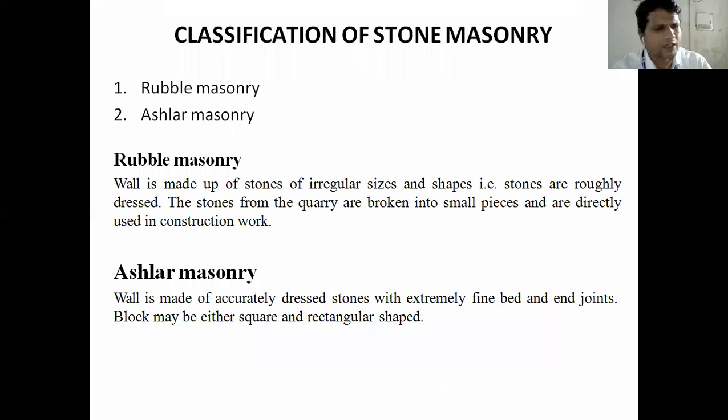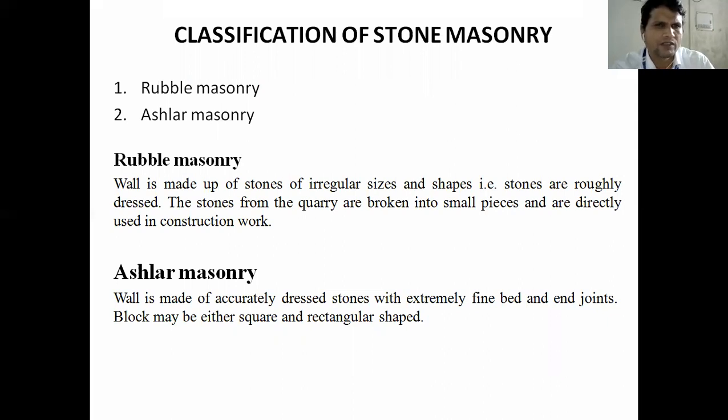Then again, we can classify stone masonry. Stone masonry can be classified broadly in two ways: rubble masonry and ashlar masonry. Rubble masonry means if we are using stones of irregular shapes and preparing a wall, then this masonry is called rubble masonry.